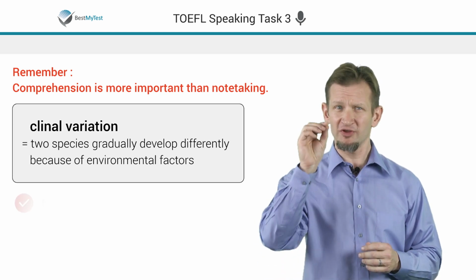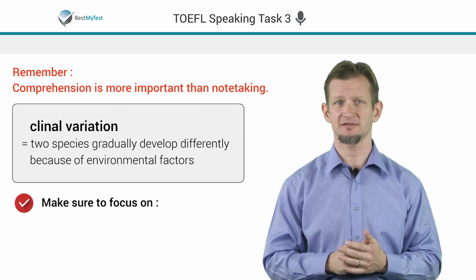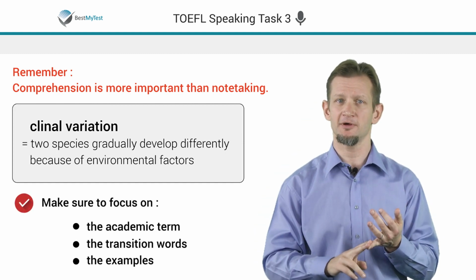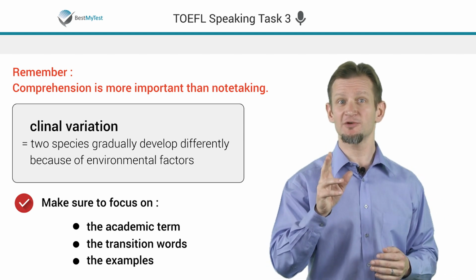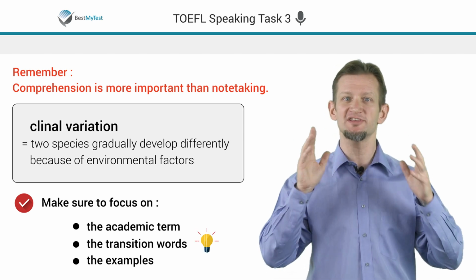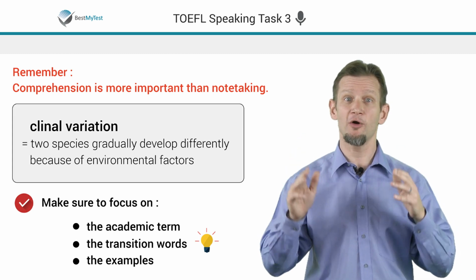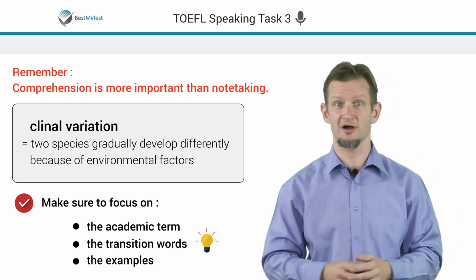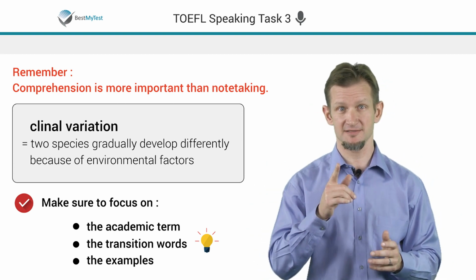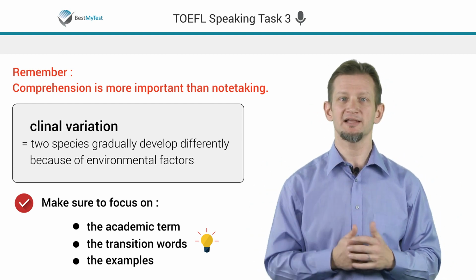And when you're taking notes, focus on 3 things. Focus on the academic term, the transition words, and the examples. And the transition words, when you hear them, you can use it as a signal to know that the professor is moving on to the next point. He's moving from one place in the conversation to the next. Make sense? All right, let's listen to the lecture.